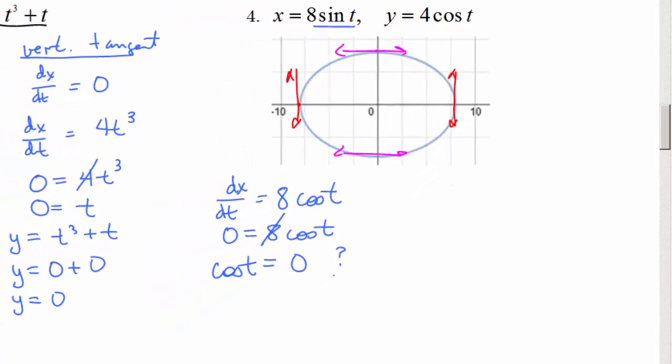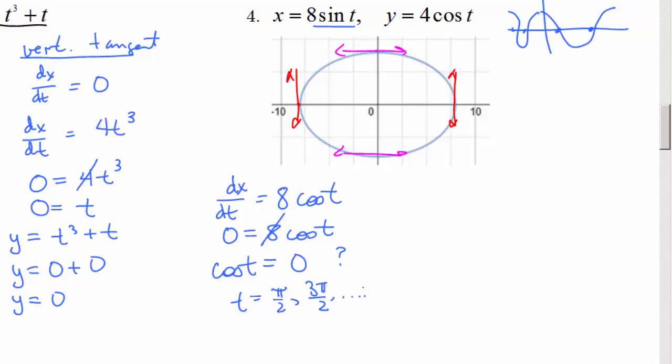Well, you should know that from your unit circle, or you could go back and look at your cosine graph over one period, and it would cross the x-axis at pi over 2 and 3 pi over 2. Now keep in mind that that is cyclical, so you have an infinite amount of t values. But I think those will be fine.